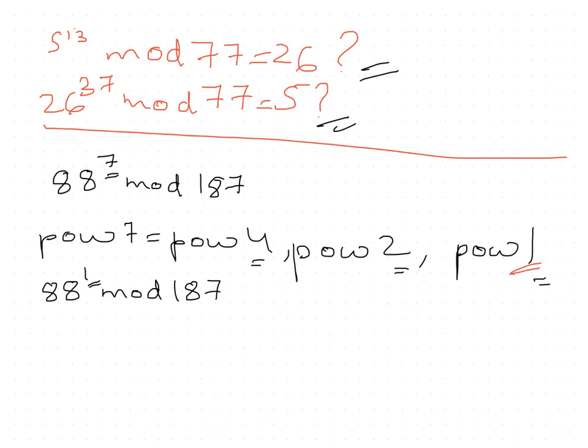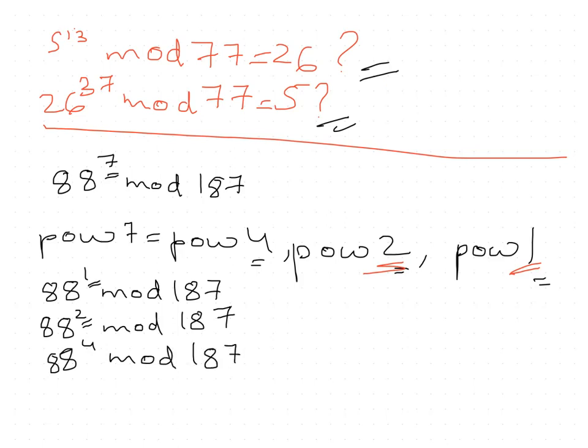Similarly, I'm going to write 88 to the power 2 mod 187, taking the power of 2 from this 2. Similarly, 88 to the power of 4 mod 187, which I am taking from here.